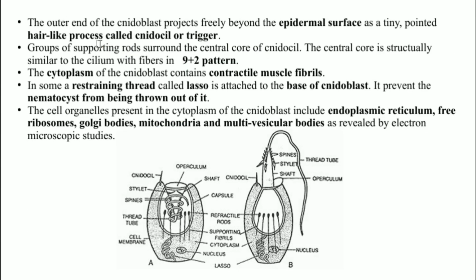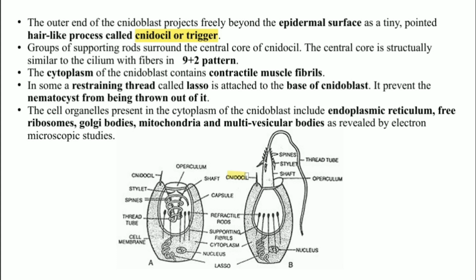The outer end of the cnidoblast projects freely beyond the epidermal surface as a tiny pointed hair-like structure called cnidocyl or trigger. Now, this is the cnidoblast, and it is freely projected beyond the epidermal surface by this cnidocyl.